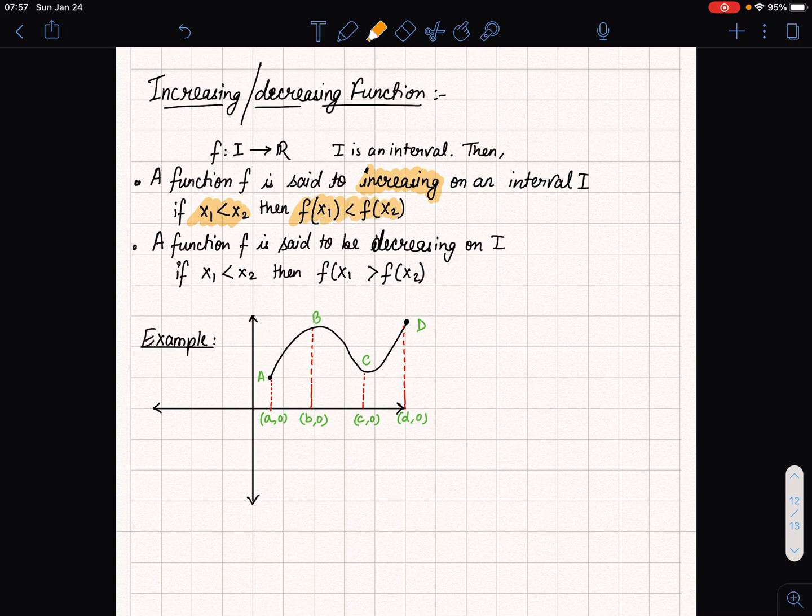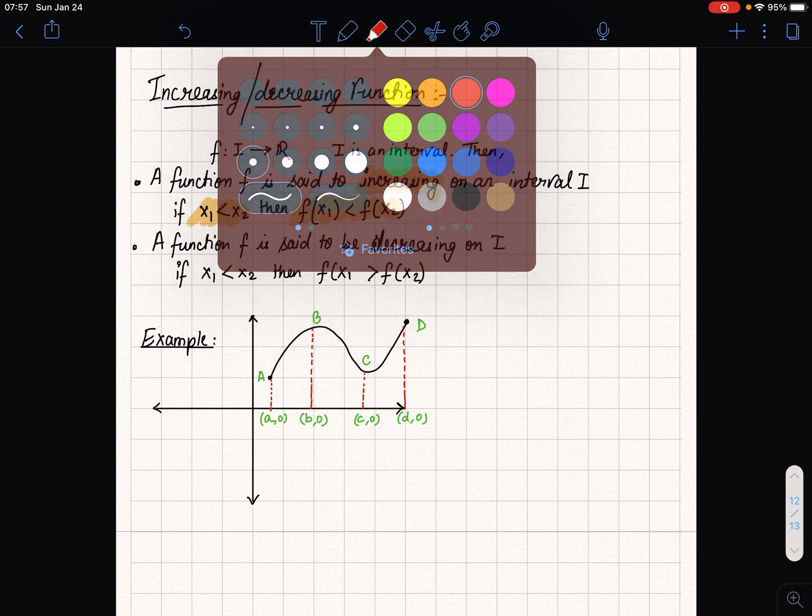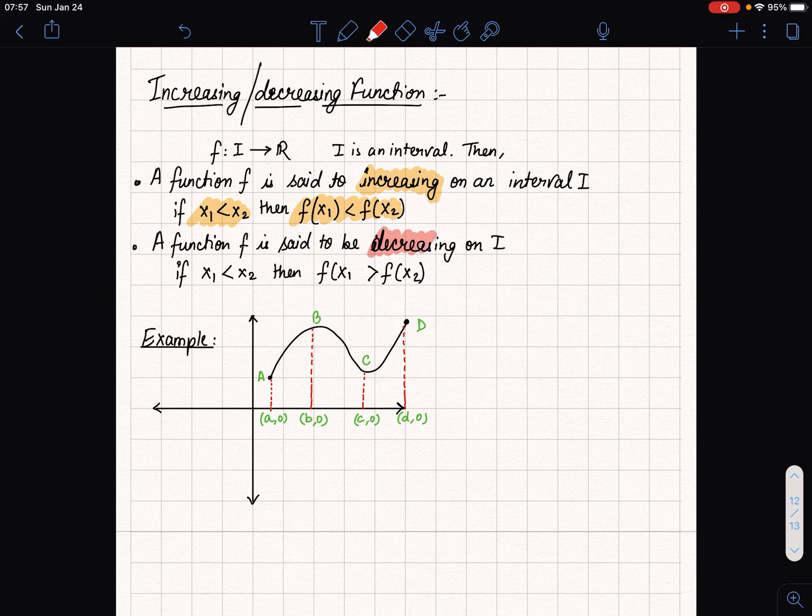That is, as x increases, f of x will also increase. While a function is said to be decreasing if x1 is less than x2, then f of x1 is greater than f of x2. That is, as x increases, f of x shall decrease.